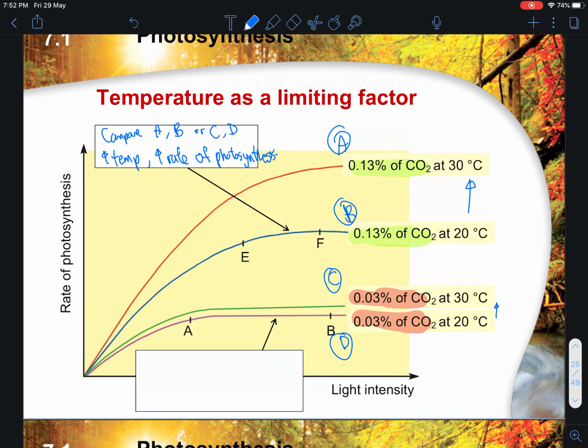In this case, we will assume that the light is consistent throughout every single period. So what will happen is you can compare A with C or B with D for temperature being constant. With temperature being constant, you can compare whether the concentration of CO2 affects it. The higher the concentration of CO2, the higher the rate of photosynthesis.